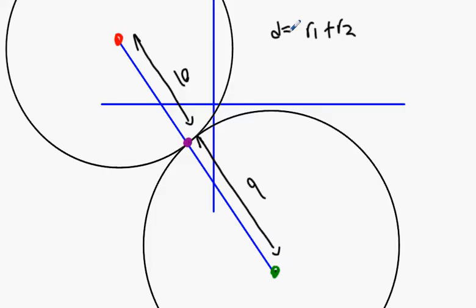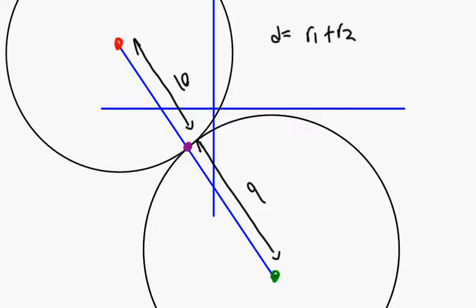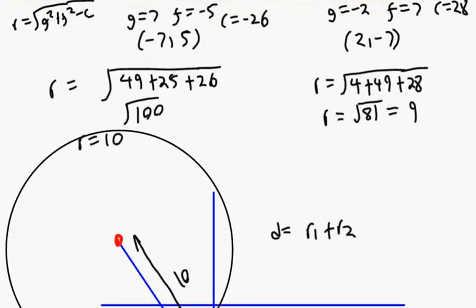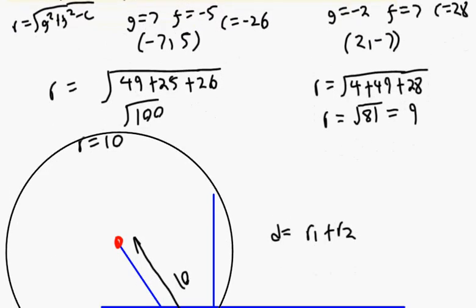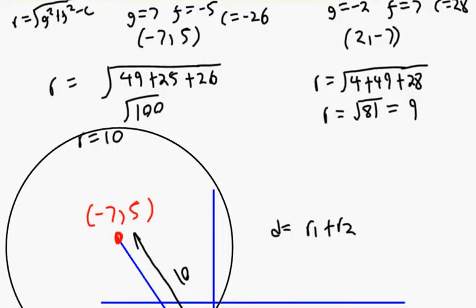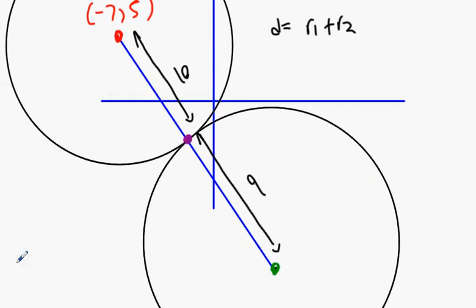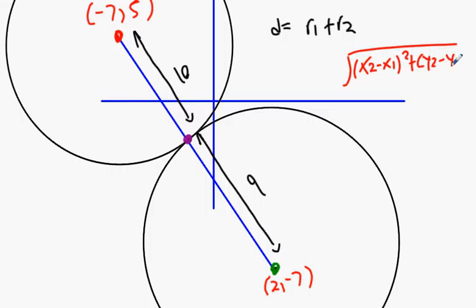Now, how do we find the distance between these two points? Well, we have -7, 5, and the other one is 2, -7. You have the square root of x2 minus x1 squared plus y2 minus y1 squared. Everybody right with that?